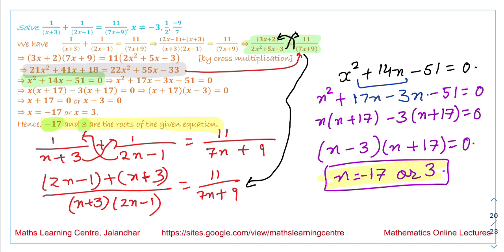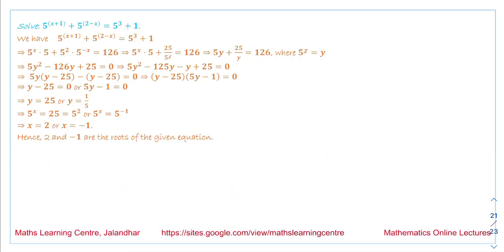Now the next question is given in this form. It is 5 raised to the power x plus 1 plus 5 raised to the power 2 minus x equals 5 raised to the power 3 plus 1.